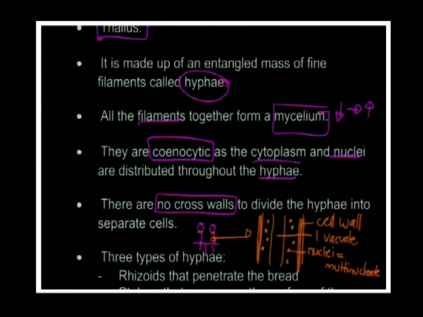But in normal plants or animals, you will have one nucleus in a little box or a cell. Here, there are no cross walls present. Because there are no cross walls present, what you have is many nuclei, but no separate little boxes.